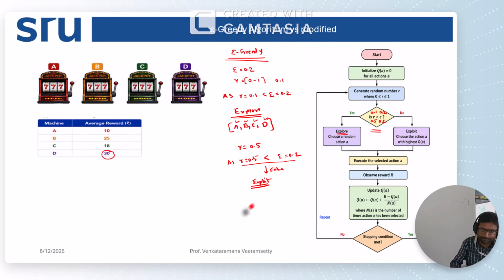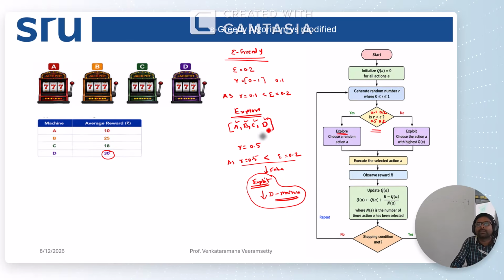Maximum for D. So the player will go with machine D and it will give some returns. Based on the returns, the estimated return value will be updated. So exploit means go with the machine which gives the highest average, highest estimated returns.